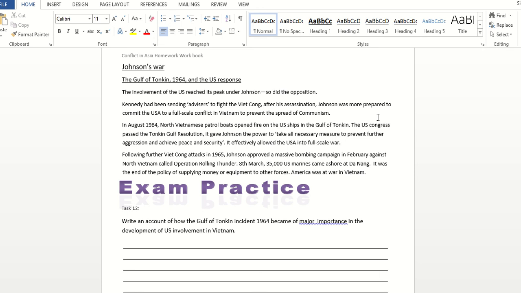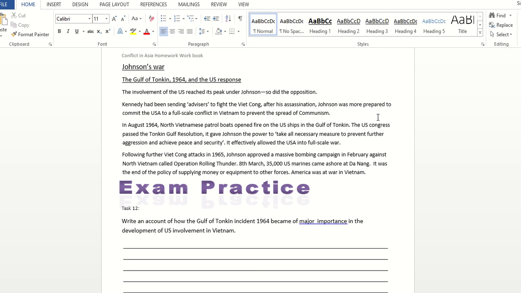The US ship was patrolling in the area of the Gulf of Tonkin and was attacked by a North Vietnamese patrol boat. The American government acted quickly and gave President Johnson the power to take all necessary measures to prevent further aggression and achieve peace and security. In short, it allowed America to enter into a full-scale war.